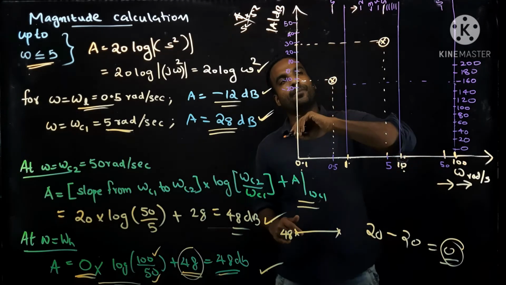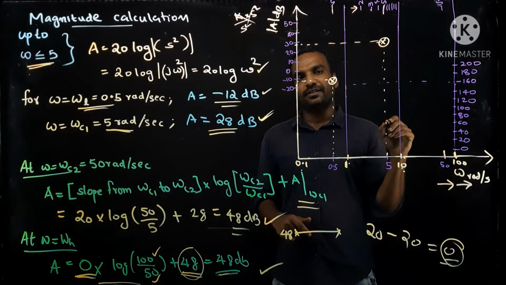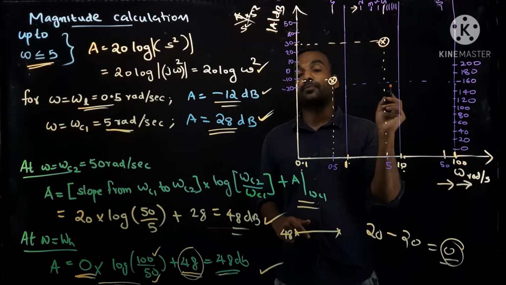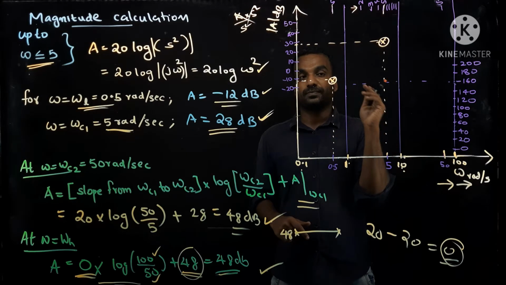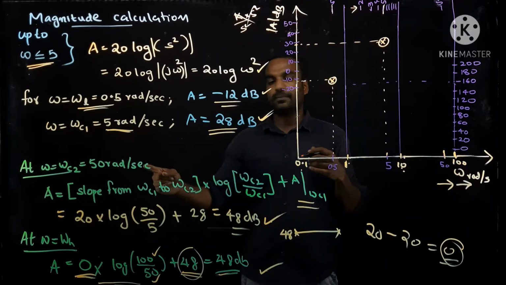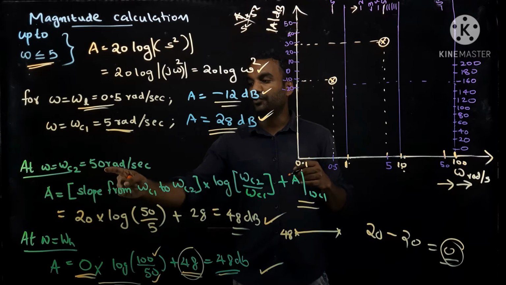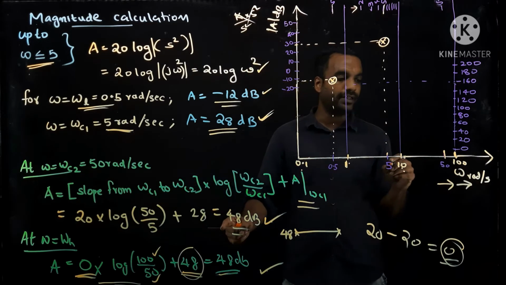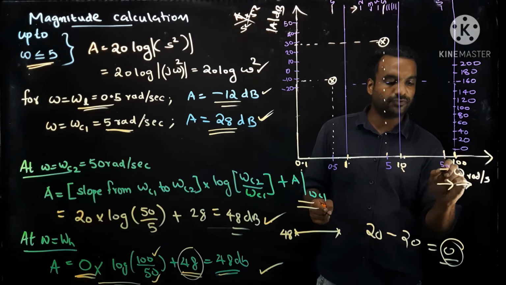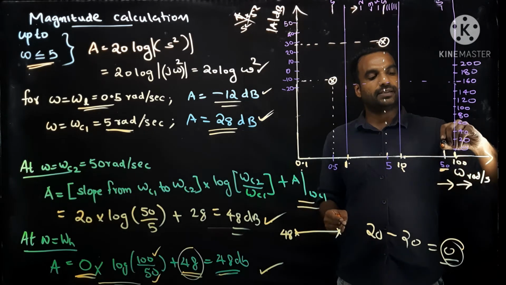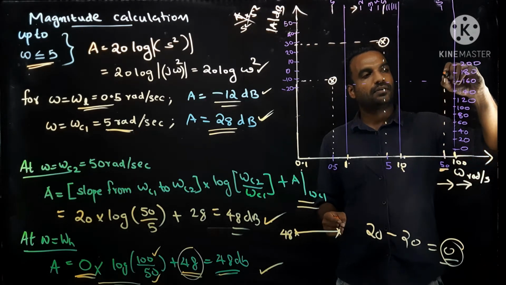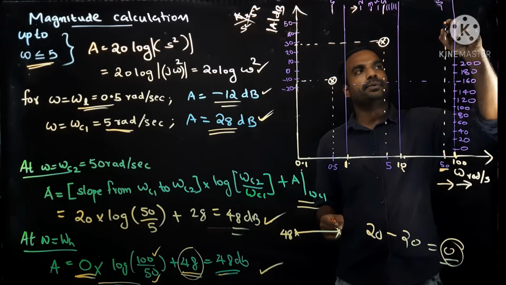Here we can see the slope is positive. In this example, all the slopes are positive and the final slope is 0. At omega C2, 50 radian per second, gain is 48 dB. This is 10, so this is 50. So gain is 48 dB.